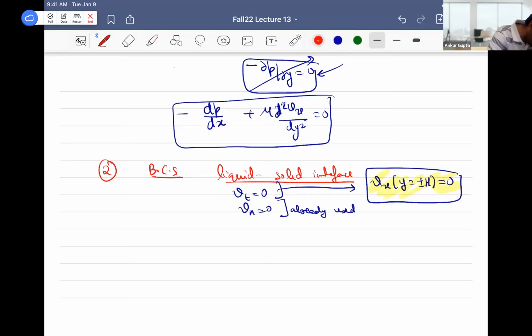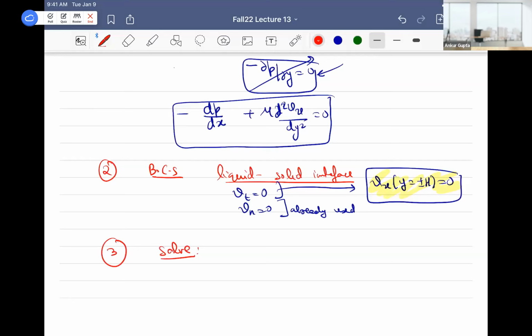All right, third step: solve. How can I solve the above equation when I have both pressure and velocity? Any thoughts? How can I integrate with respect to y when there is both x and y?